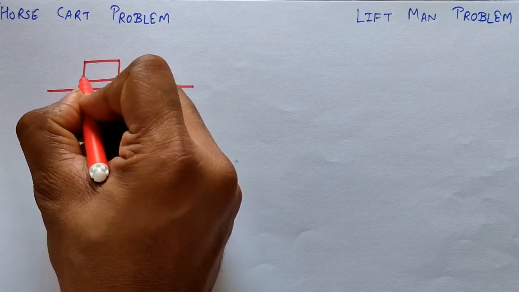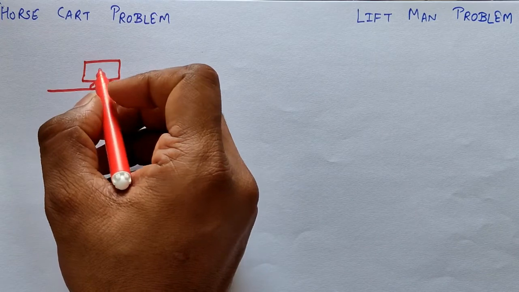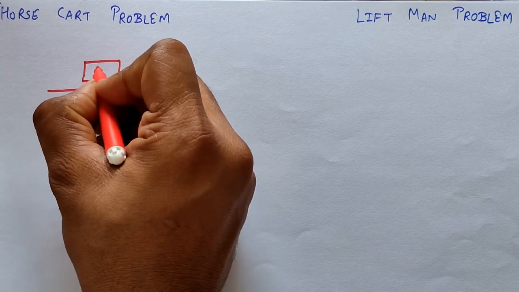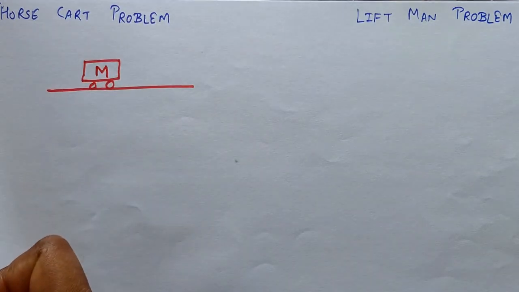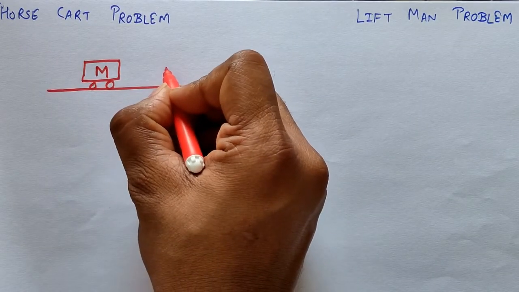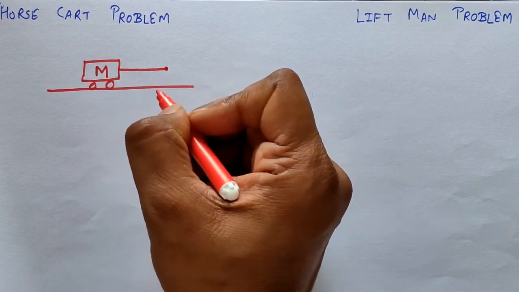This is a cart having wheels, and the mass of the cart is capital M. This cart is connected to a horse. I am denoting the horse by a point only, and it is connected like this.